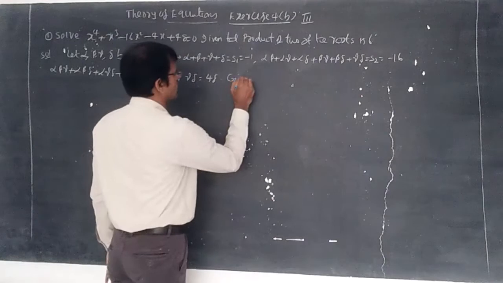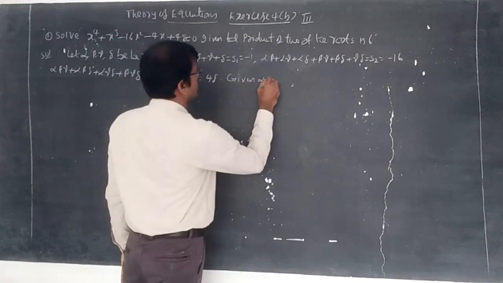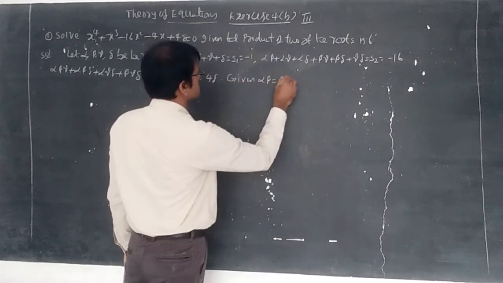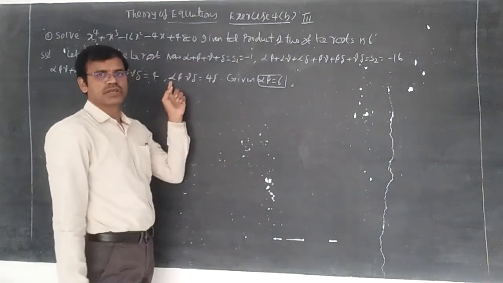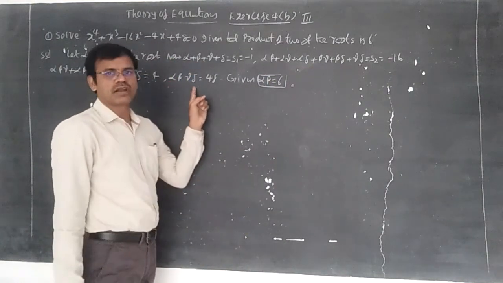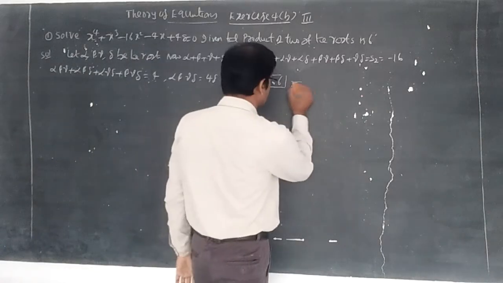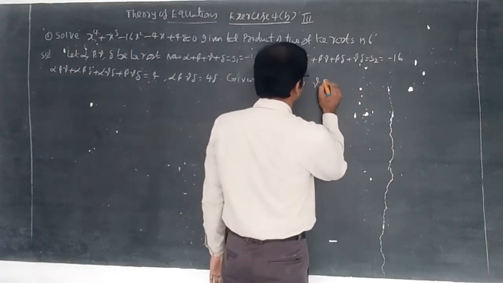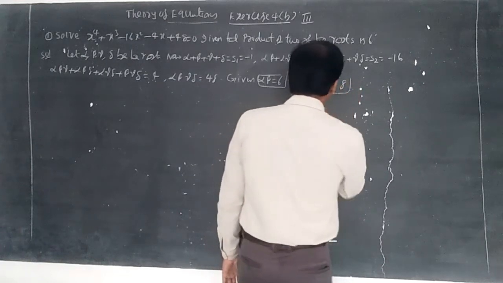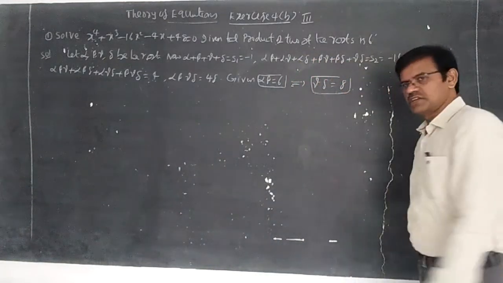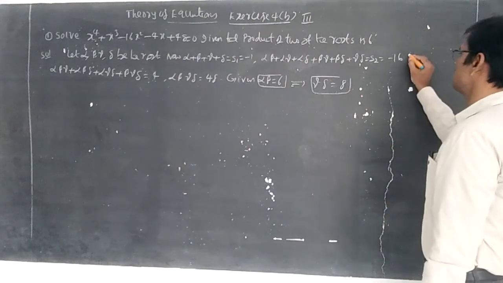Given the product of 2 roots is 6, alpha beta is equal to 6. If you substitute here, gamma delta is equal to 8.